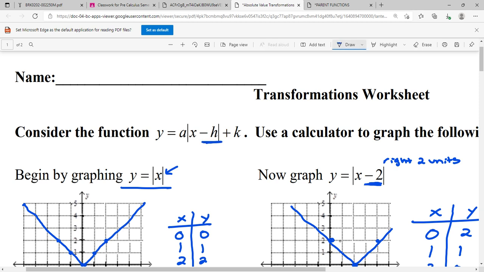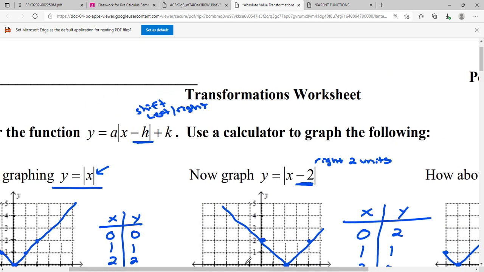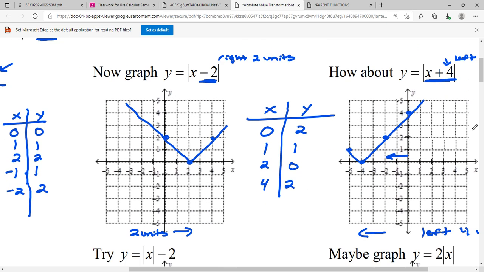This is going to shift left or right. Now, did you notice that when it was positive, we went left, and when it was negative, we went right? That's because this says minus h, right? So we have to change the sign. Minus negative 2 would be positive 2, meaning we would go towards the right 2 units. Minus 4 would be negative 4, meaning we go to the left 4 units.